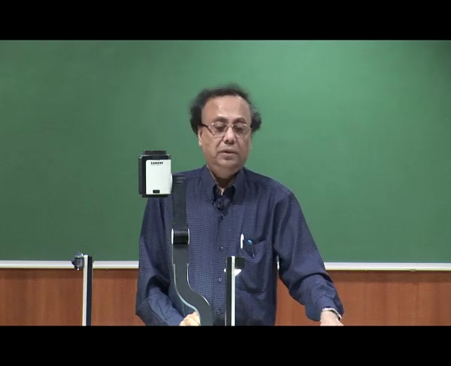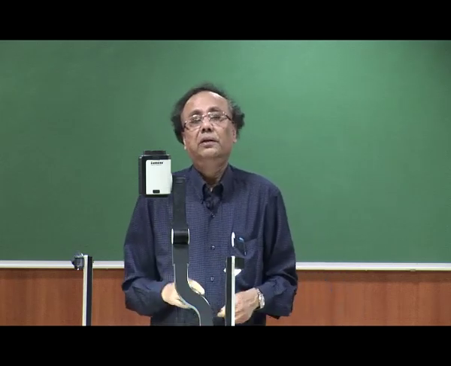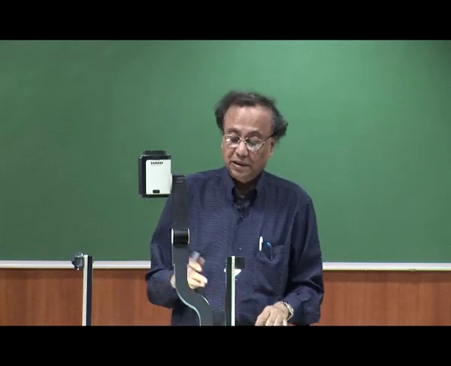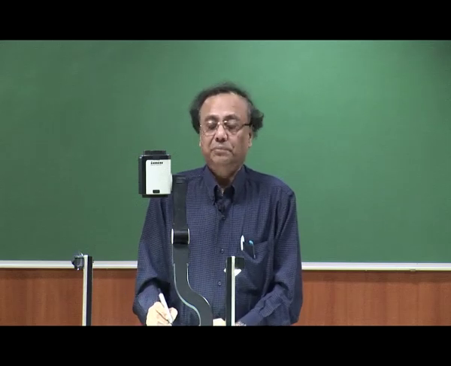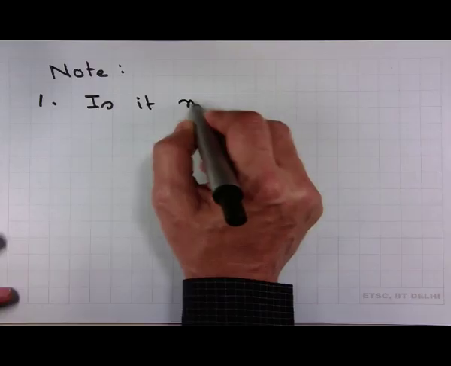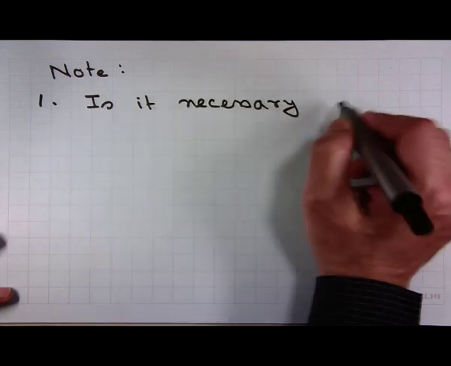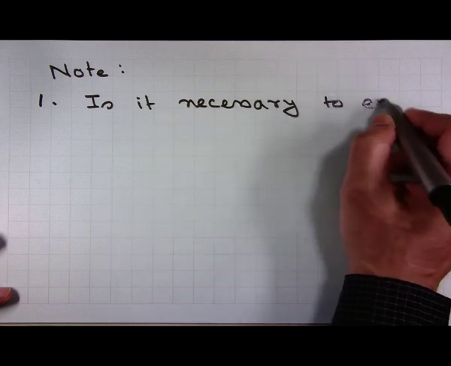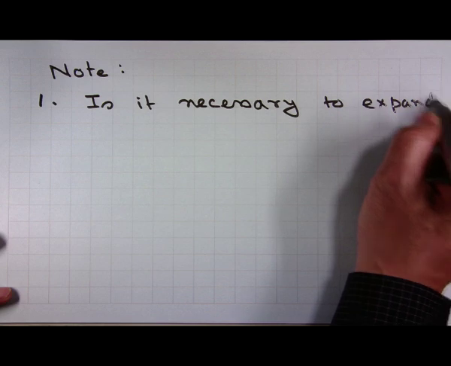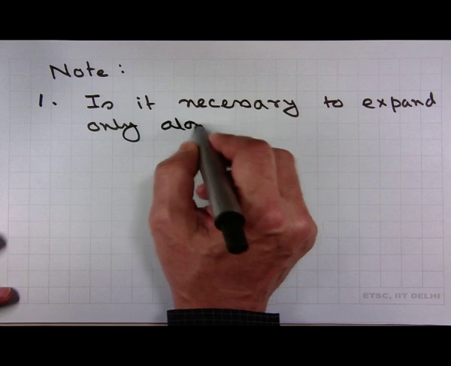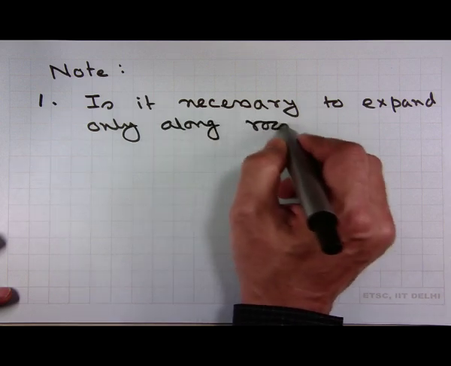We will work on computing for many other matrices in this class, but let me first mention a few points. 1. Is it necessary to expand only along row 1?